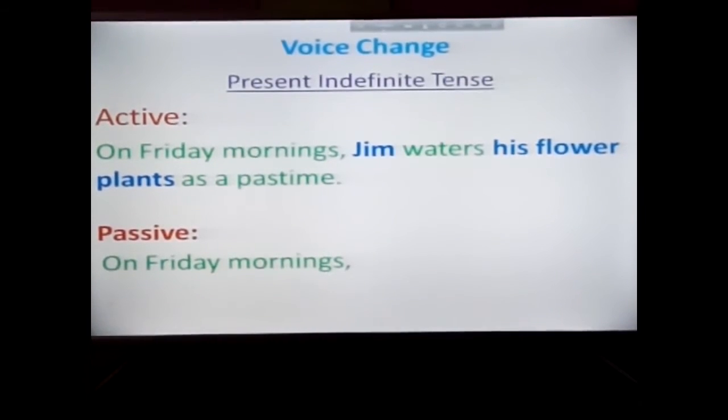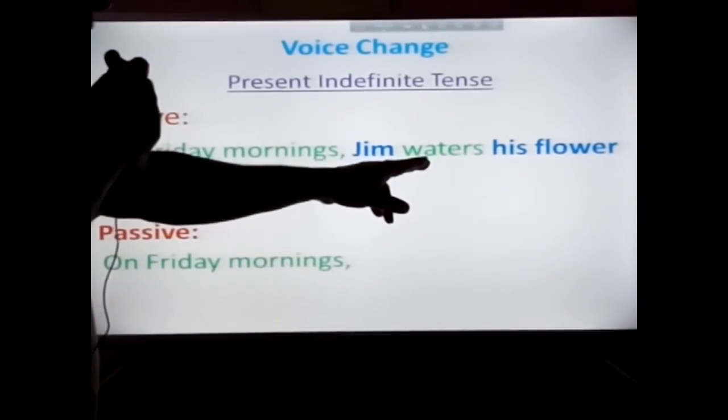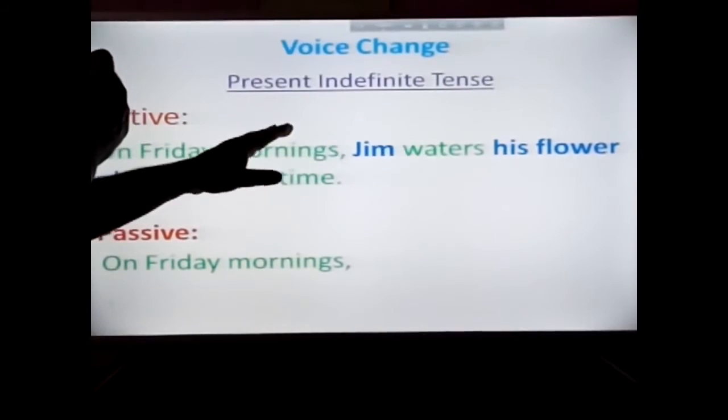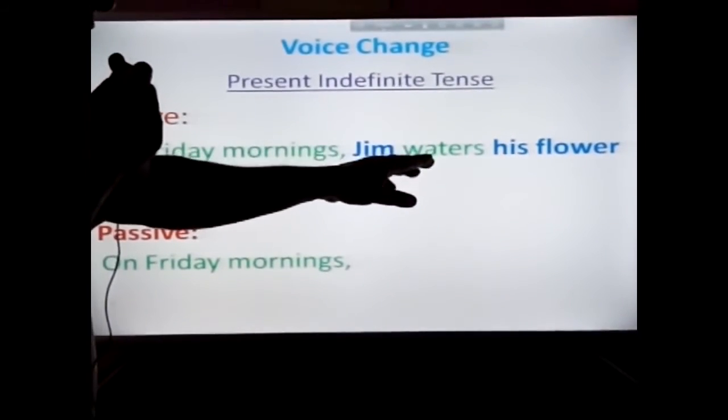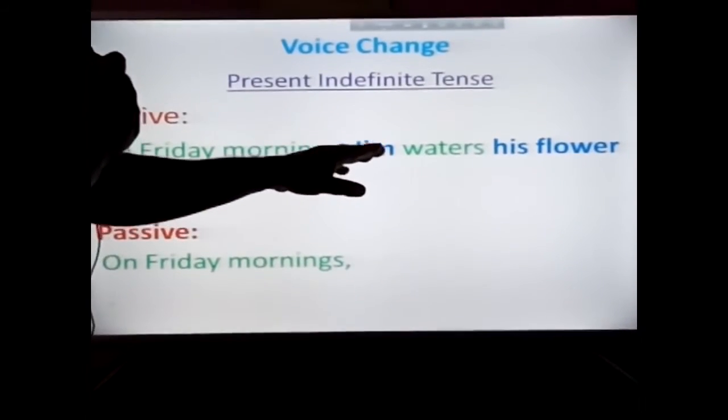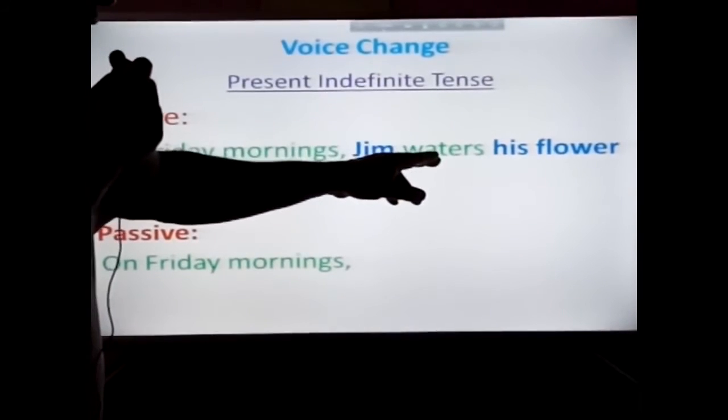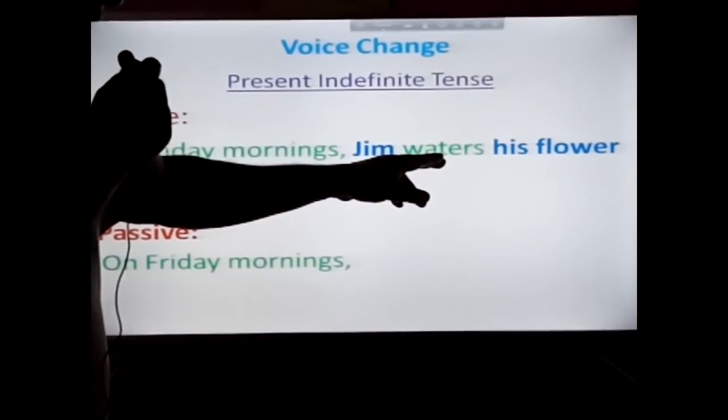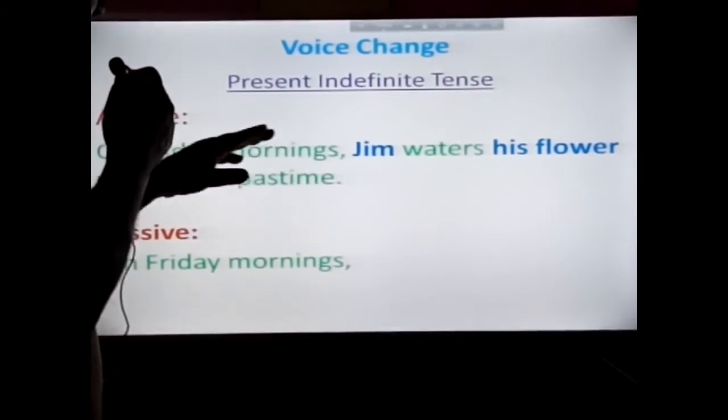Now let's ask this main verb of the active sentence a question with whom or what, and let's see what happens. Jim waters what? The answer is obviously his flower plants.